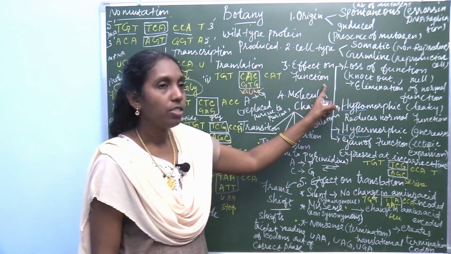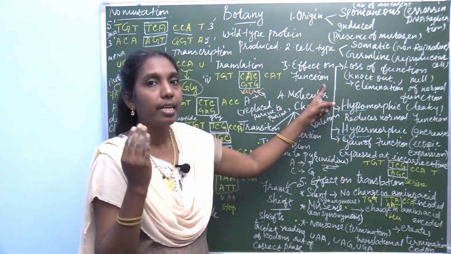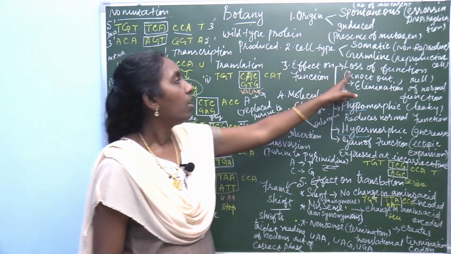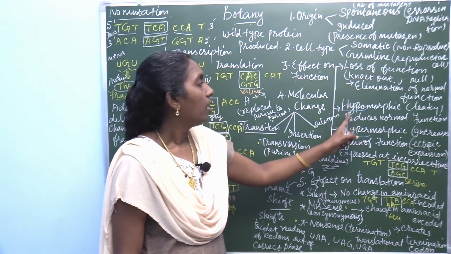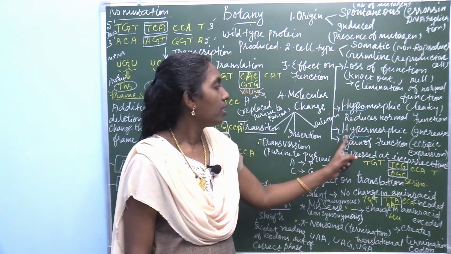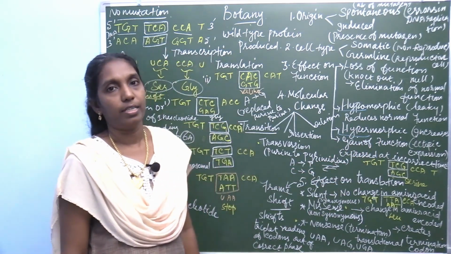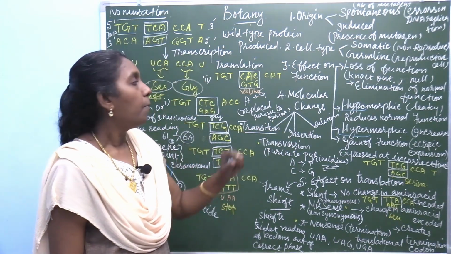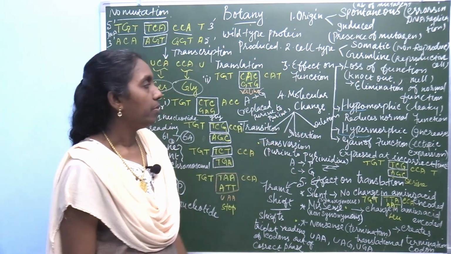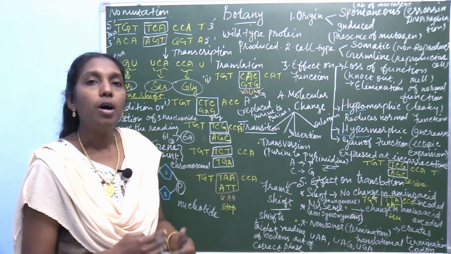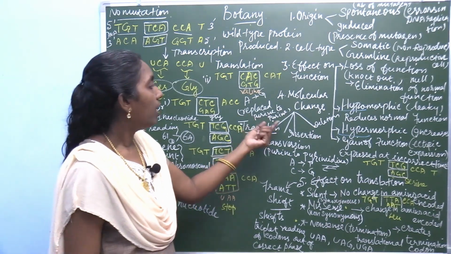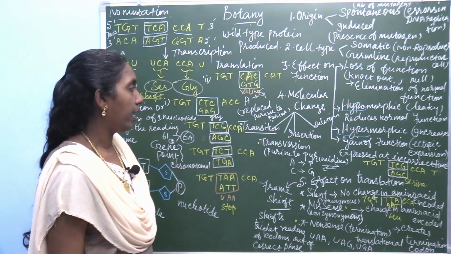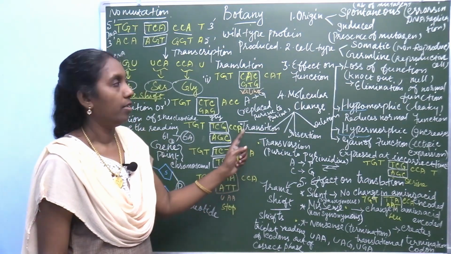So, based on the effect on function, there are four different types: loss of function, gain of function, hypomorphic and hypermorphic. Then the fourth category is molecular change. Due to molecular change, there are four different types of classification.